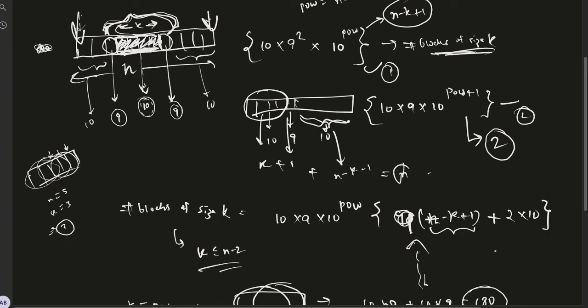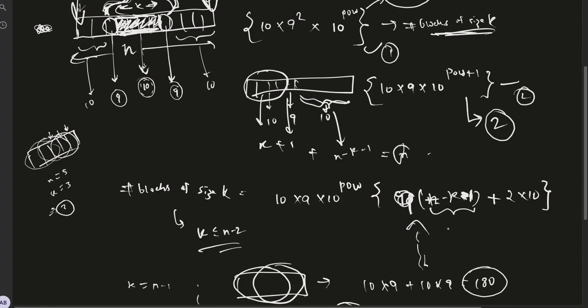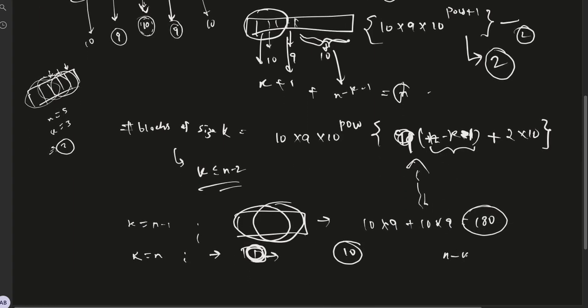This should be n minus k minus 1, because n minus k plus 1 is the total number of windows of size k that slide on an array of n, while two windows are considered in this part.